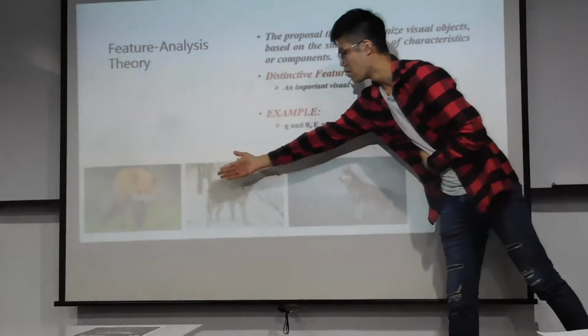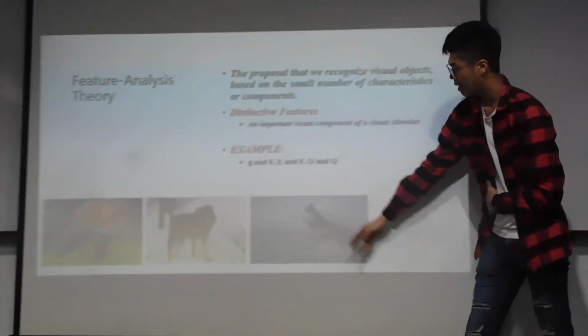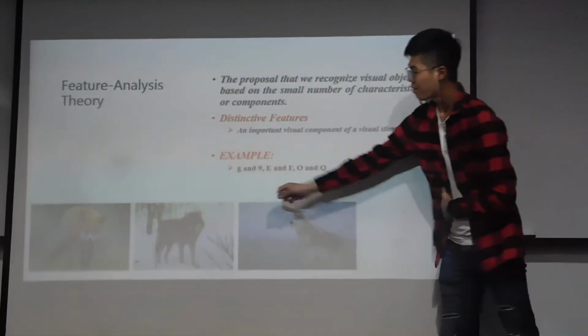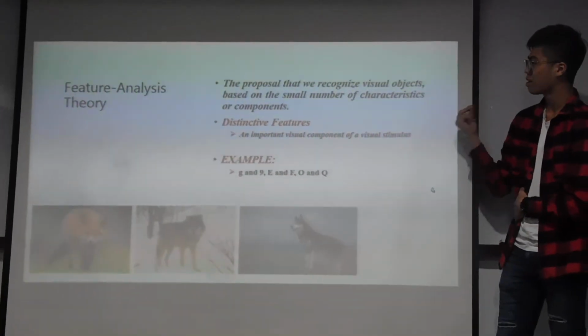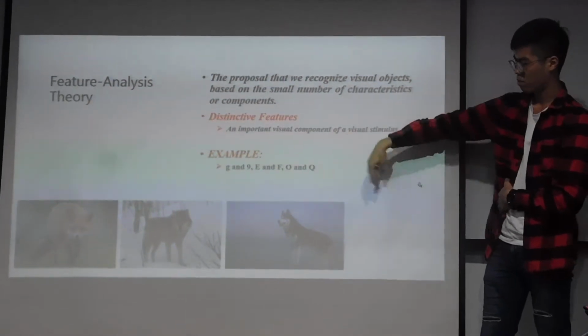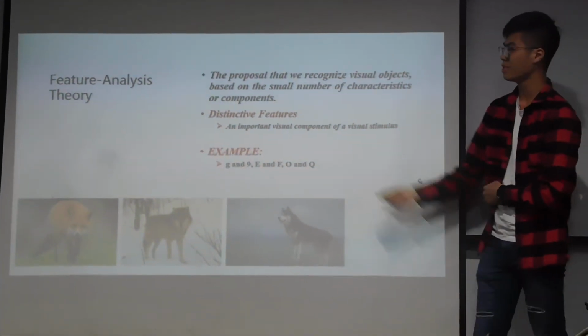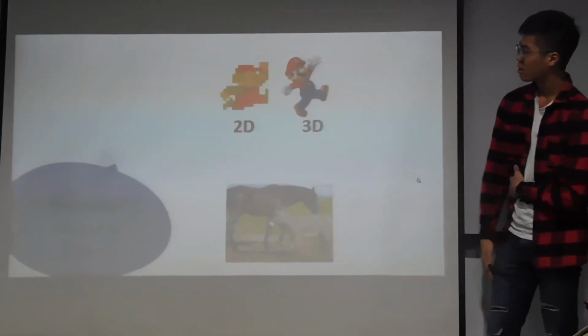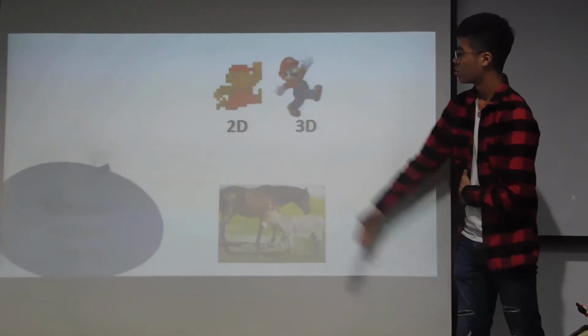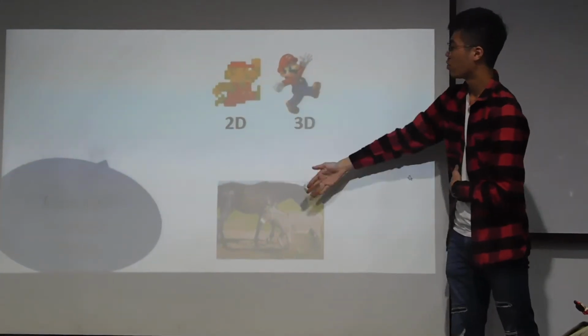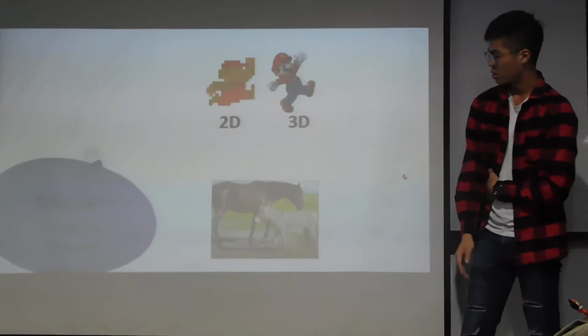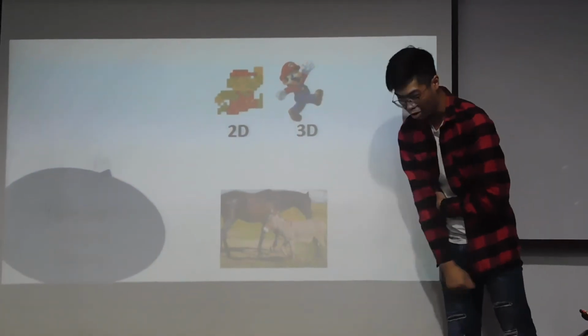For example, like fox, wolf, and this husky. They have a small characteristic or component between them. So this is another example. So Super Mario, one is 2D, one is 3D. So this is the horse and the donkey.